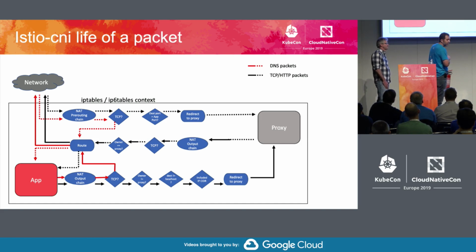If this app is a server, it's going to have some ports open, and the NAT pre-routing chain is going to have those ports configured in rules. Istio and Linkerd mostly operate, or only operate, on TCP traffic, so that's going to end up falling in this check, and it's going to get redirected to the proxy.